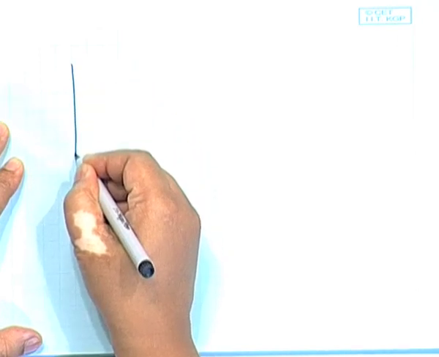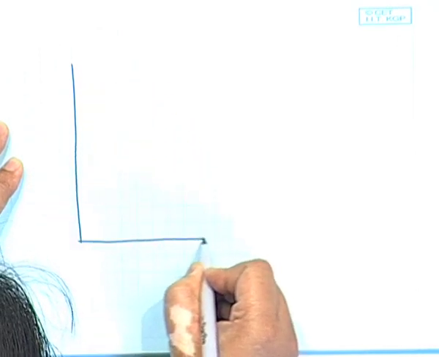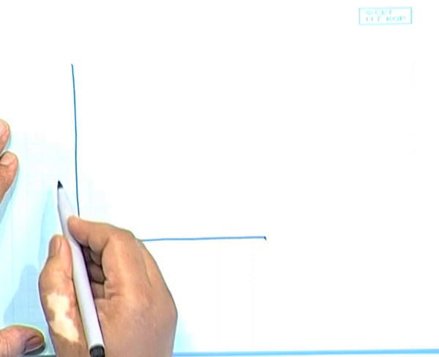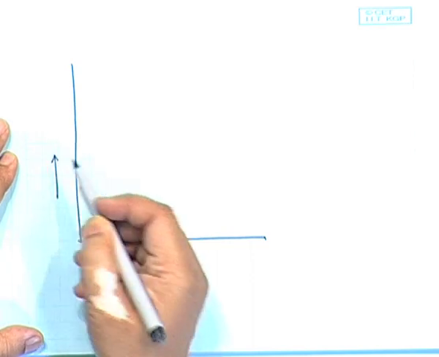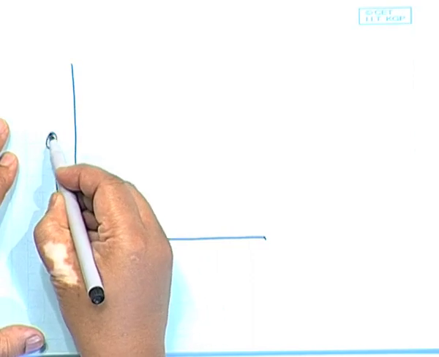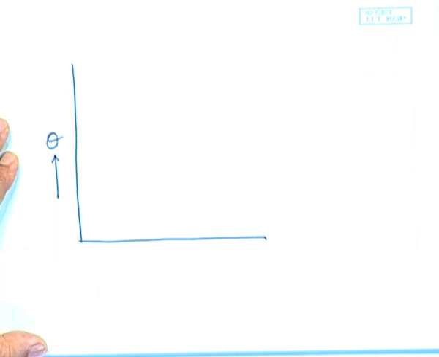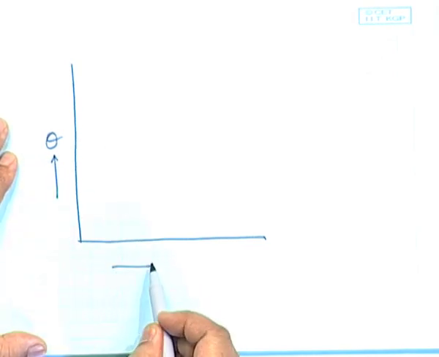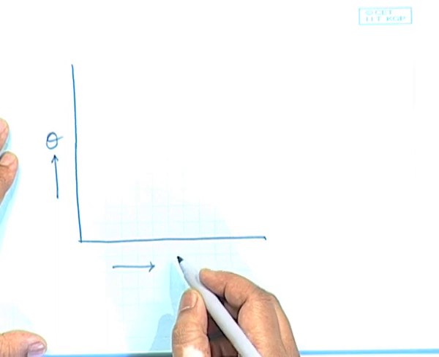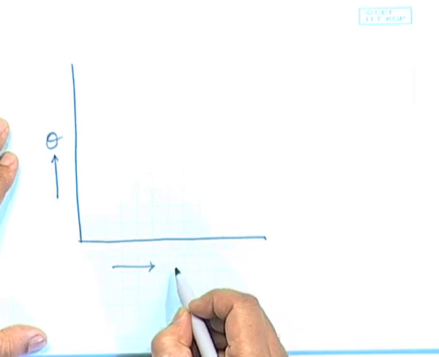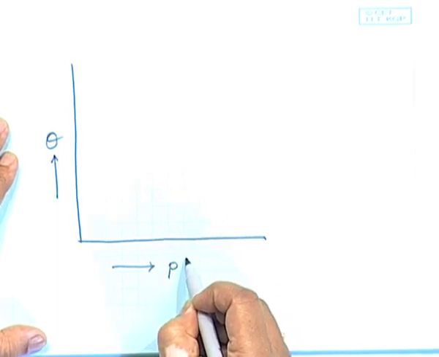When we have a low pressure of oxygen, what are we looking at? We are looking at a fraction, or a saturation. What is the x-axis? The partial pressure of oxygen.